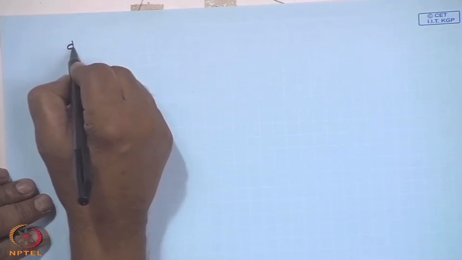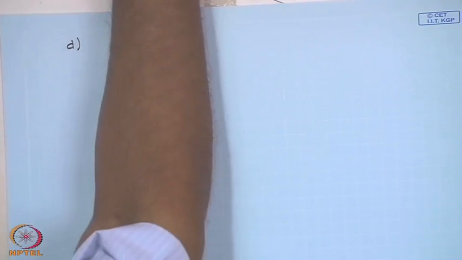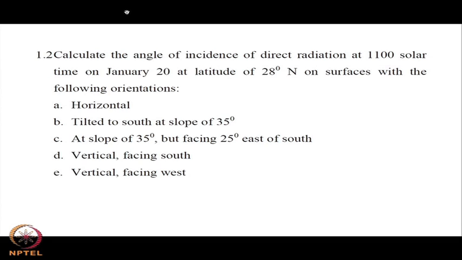Then we have D, that is a vertical surface facing south.